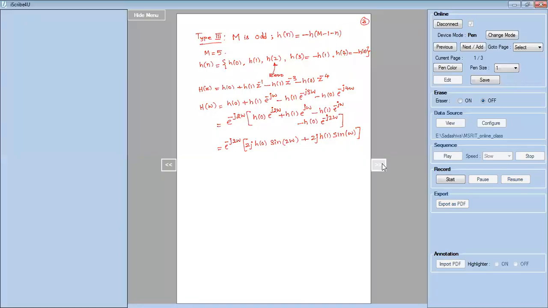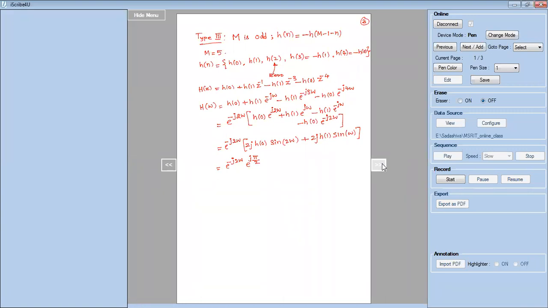Making sense? Yes, sir. So I can take this j outside. This j is common in all the terms, so I can take it outside. If I'm taking it outside, can I write it as e to the power of j pi by 2? J can be written as e to the power of j pi by 2.